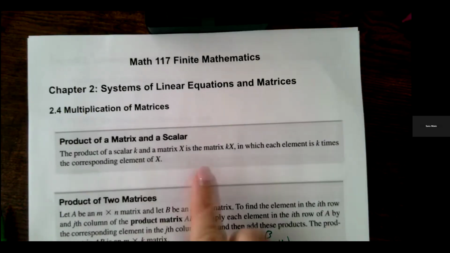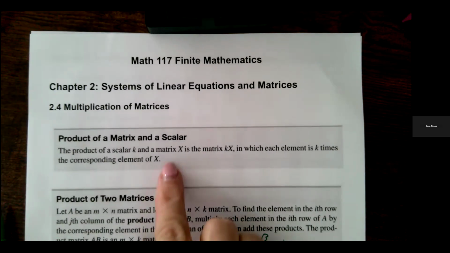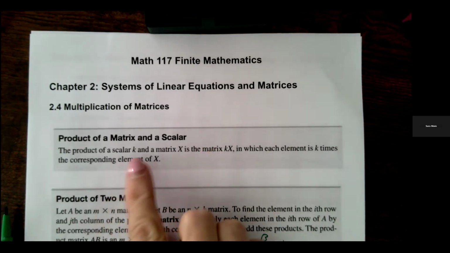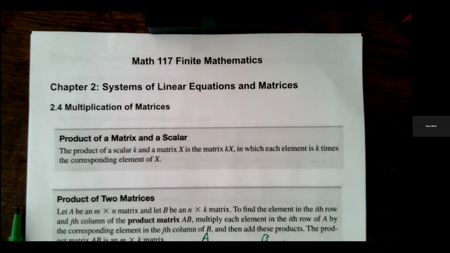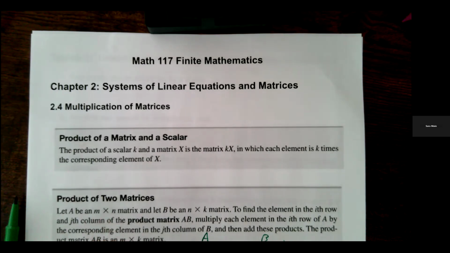So you can multiply a matrix by a single scalar, so a single value, by distributing that value to every element in the matrix. We can also multiply two matrices together.